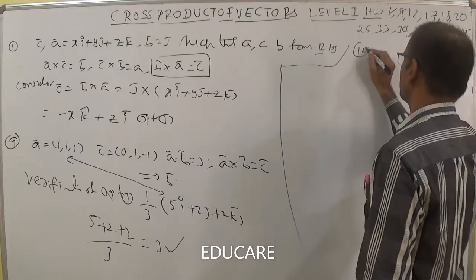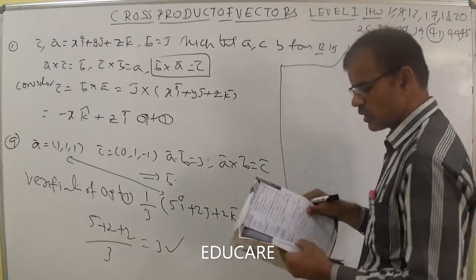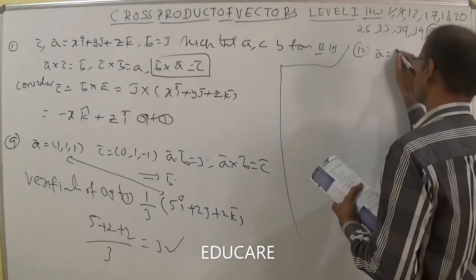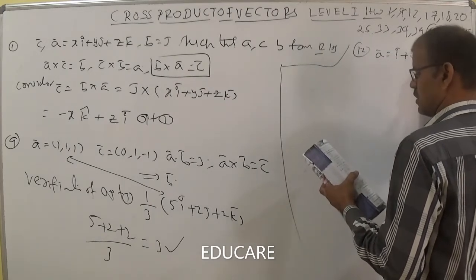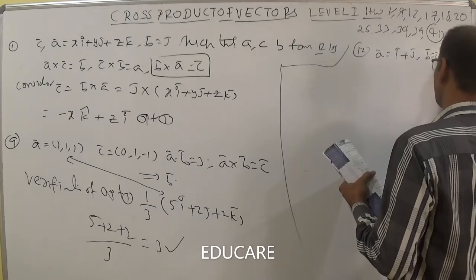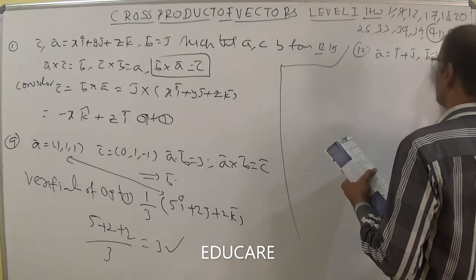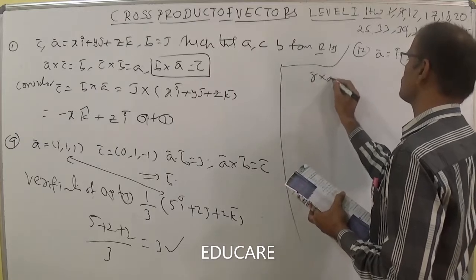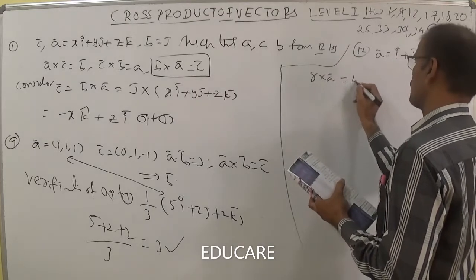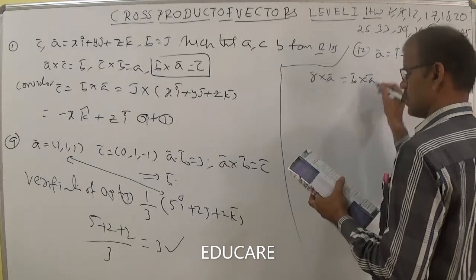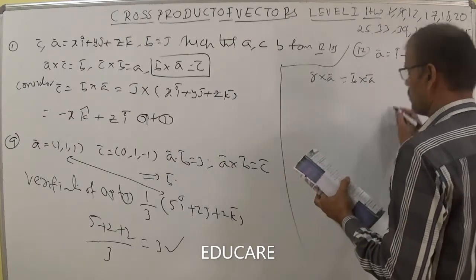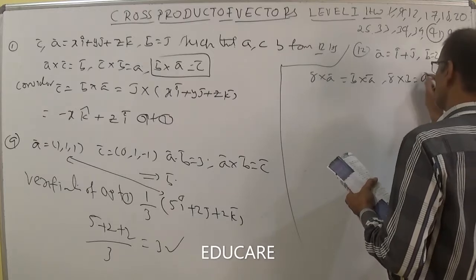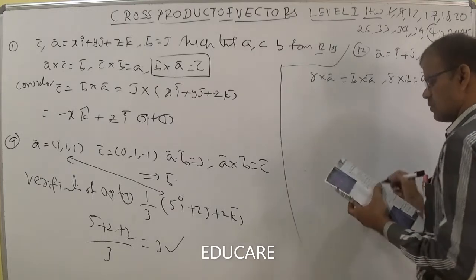Now, the 12th one. A bar is equal to I plus J, and B bar is equal to 2I minus K. R bar cross A bar is equal to B bar cross A bar, and R bar cross B bar is equal to A bar cross B bar.